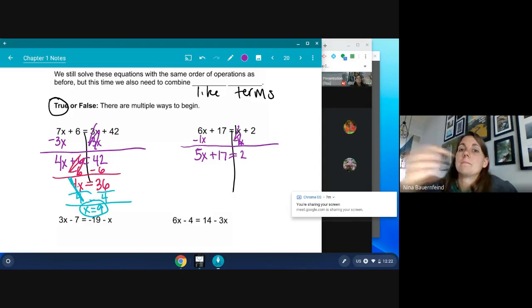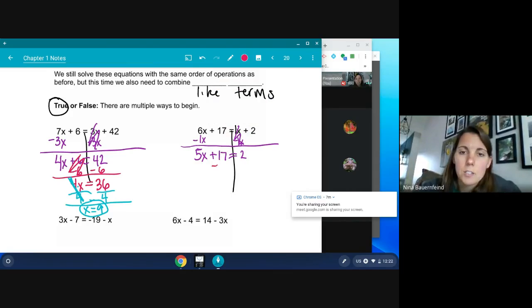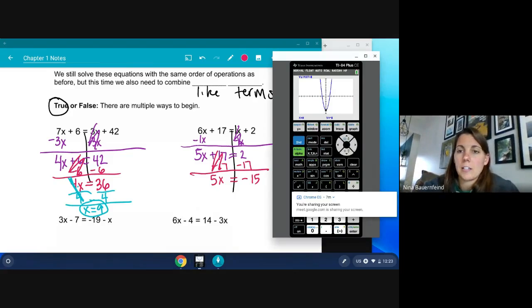Now what? Subtract 17. You got it. Subtract 17, subtract 17. Notice I lined these numbers up. So then we have 5x equals 2 minus 17, which is negative 15. You can put that in your calculator.